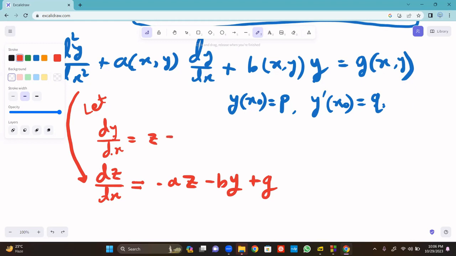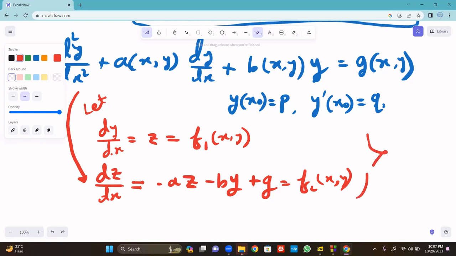So can you see that you can just write this as f1 of x, y and this right-hand side as f2 of x, y? So technically, we have successfully converted our second order differential equation into a system of two first order differential equations.